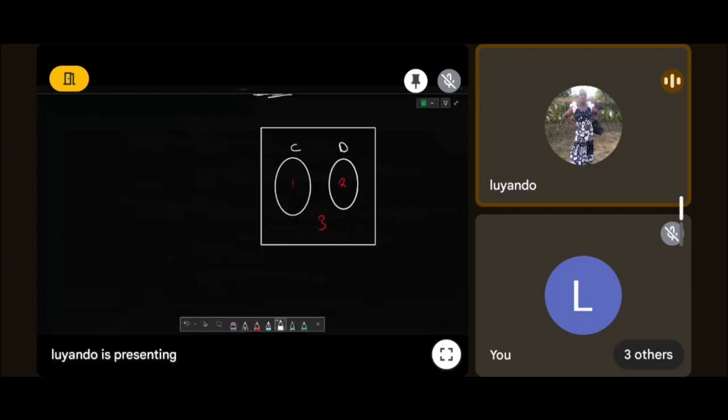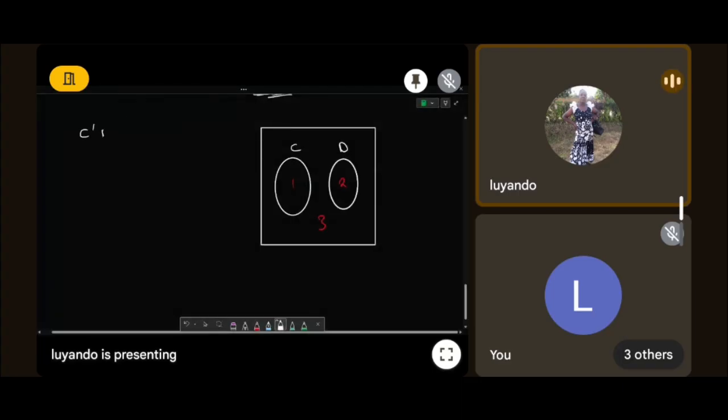So the first one is saying you have C complement intersection D complement.